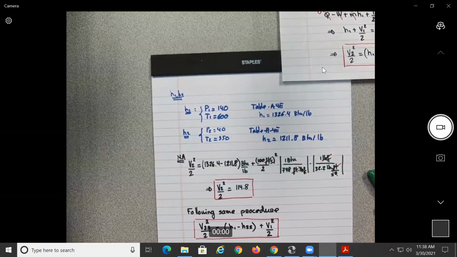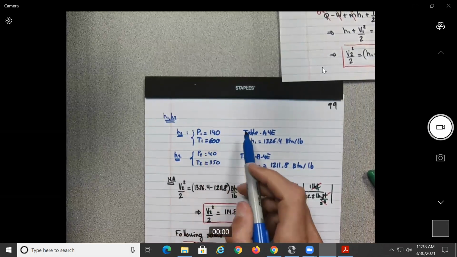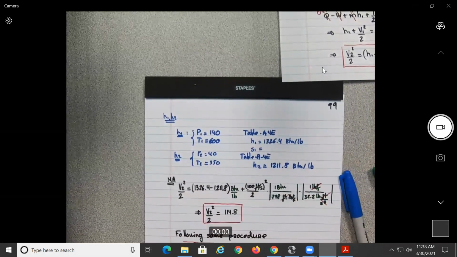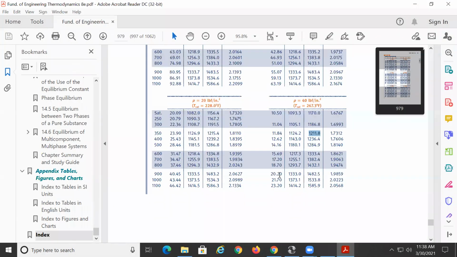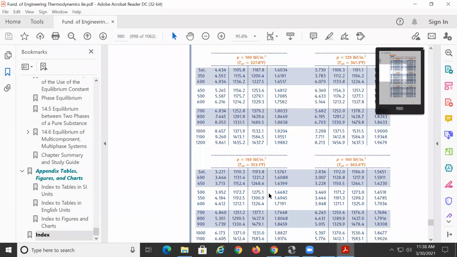So maybe we could go back to this table over here, which will be table A4E, and add here the value for S1 for 140. So let's see, 140 here at 600. We had 1,226.4 for the enthalpy.